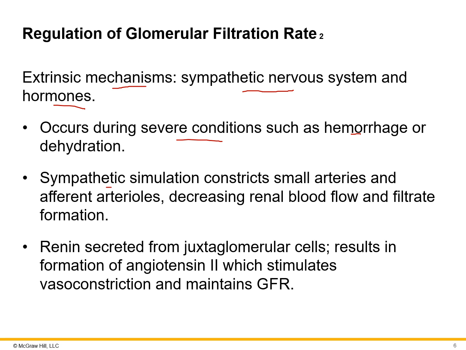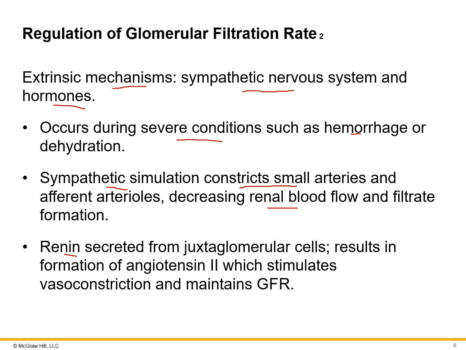The sympathetic stimulation causes constriction of those arteries and arterioles, decreasing renal blood flow. Because again, if we're running and fighting, we don't want to be urinating as we do so. So we're going to be decreasing that urine and filtrate formation.